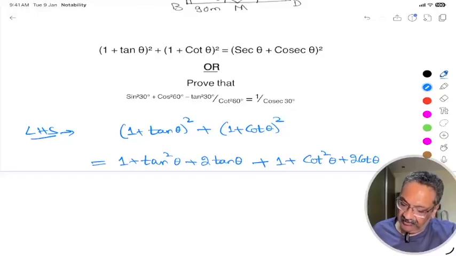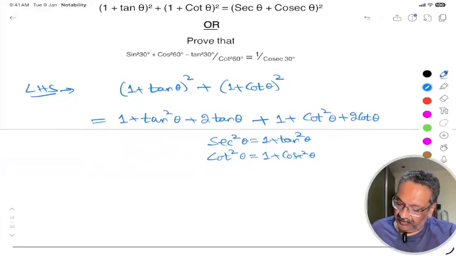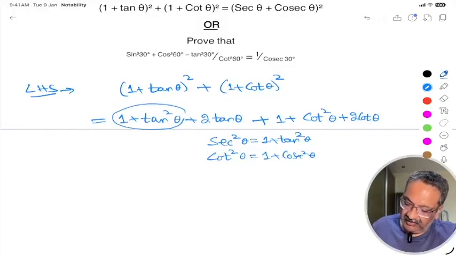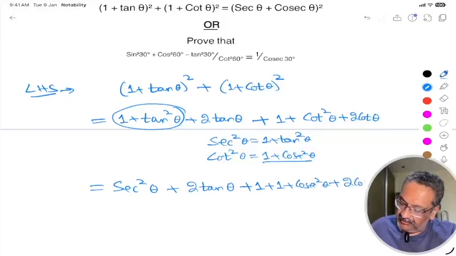Next, what can we do with this? Now we know the identity secant square theta is equal to 1 plus tan square theta, and cot square theta is equal to 1 plus cosecant square theta. So we've got 1 plus tan square theta as secant square theta plus 2 tan theta plus 1 plus cosecant square theta plus 2 cot theta.